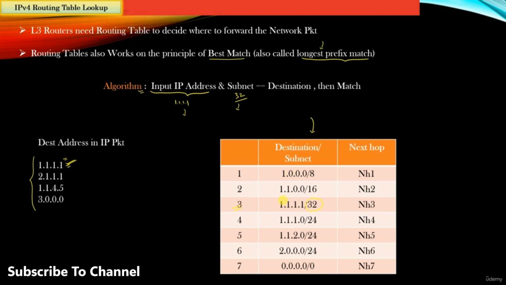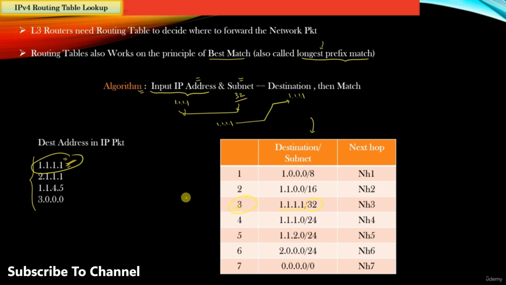And then take the destination IP address of the route, which is 1.1.1.1. Alright. Now you perform the ANDing of the input IP address and the subnet value. The answer that you will get will be 1.1.1.1, which is equal to the destination IP address of the route. So if this equality holds, it means that the given IP address matches with the given route.